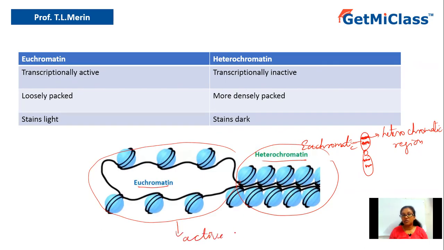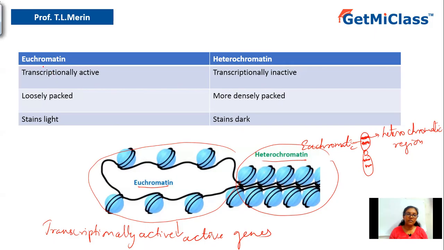It is transcriptionally active, because transcription can easily occur as it is loosely coiled and unwinding becomes very easy during the formation of mRNA. Whereas the heterochromatic region is highly coiled, and the genes are not very active.